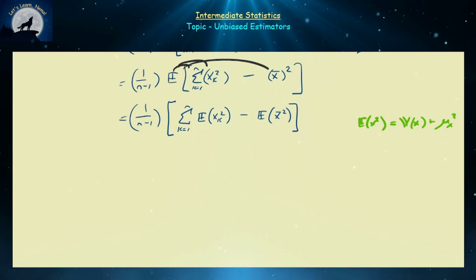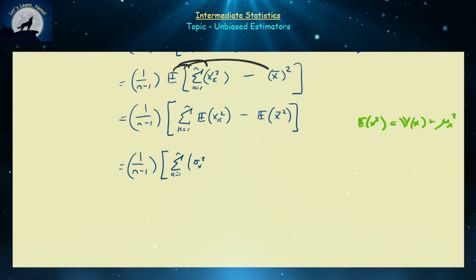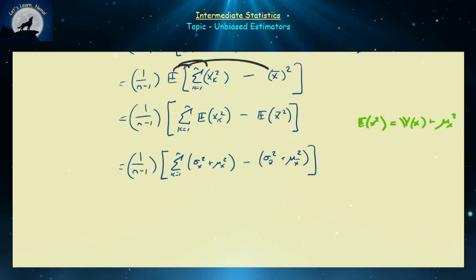So what is the expected value of xk squared? That's going to be equal to the second moment, so sigma x squared plus mu x squared. And that's inside the sum. And then what is the expectation of x bar squared? Well, that's going to be sigma x bar squared plus mu x bar squared.